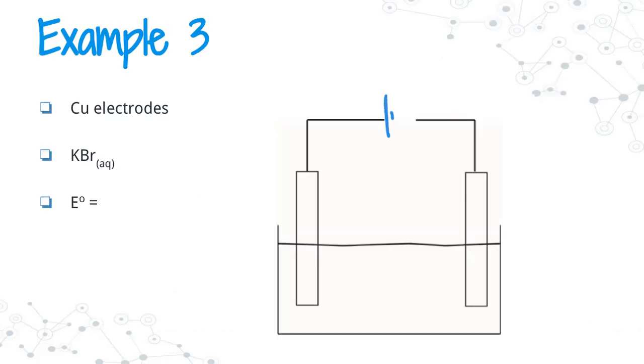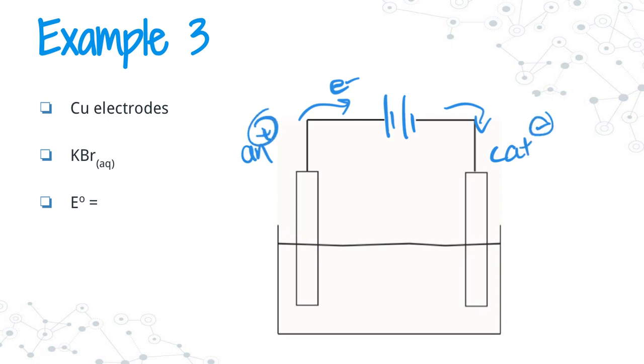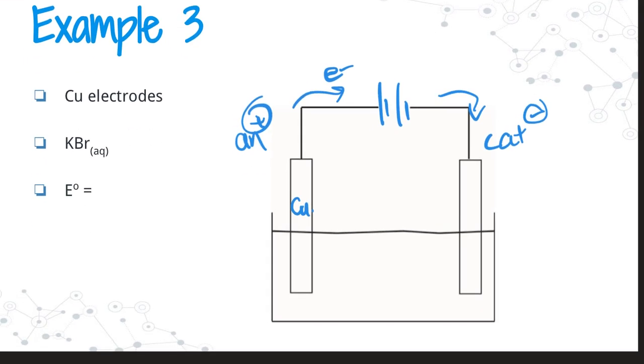So finally, putting this onto our chart here again, we got our electron flow. If we're going to make this the anode and the cathode, we got positive charges, negative charges. And then at this particular electrode, the solid copper is being oxidized.